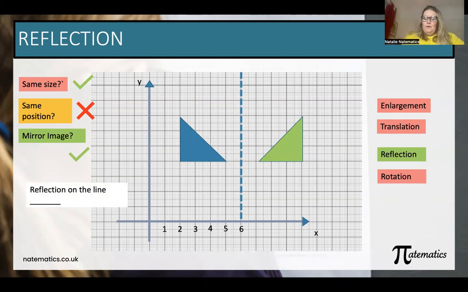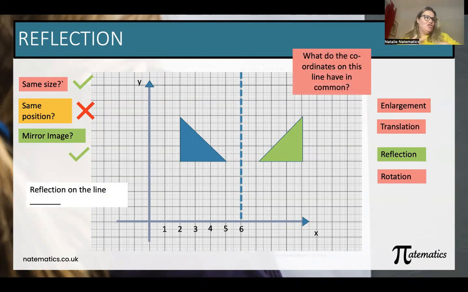and then look to see what all the coordinates along that line have in common. Now, when I teach equations of lines, when I'm teaching anything to do with plotting graphs where we've got equations in them, I say, just remind you, a line is basically a collection of coordinates joined together. And whenever we need a line or a curve, we need coordinates. So if I plot a dot there, I can join them together.